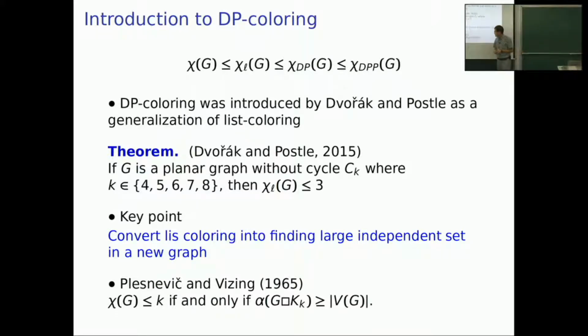If the chromatic number is n minus k, then for the Cartesian product of G_n and the complete graph K_k, alpha, the size of the largest independent set, is at least the size of the original graph. So actually, the key relationship is we are using this relationship.